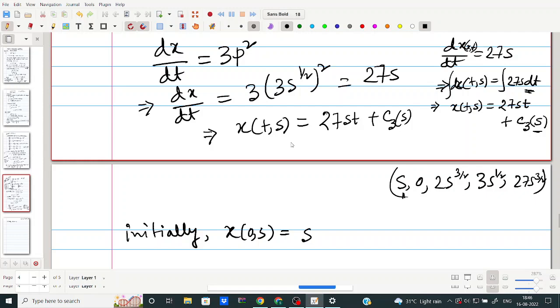x(t,s), y(t,s), u(t,s), p as a function of t and s, and q as a function of t and s, for your convenience. So x(t,s) I got as 27 s t plus s, y is minus t, p is 3 s^(1/2), and q is 27 s^(3/2).